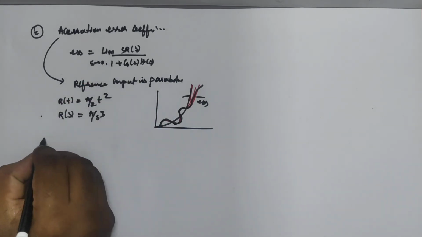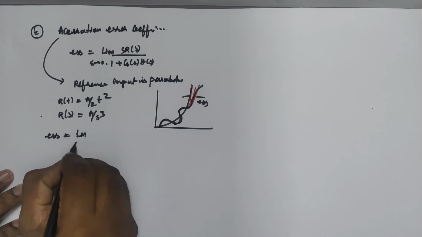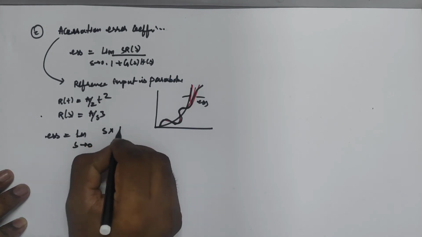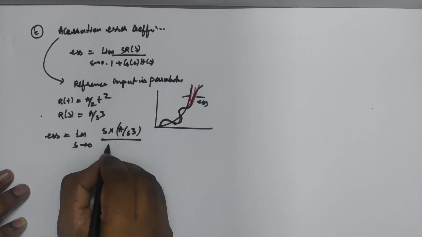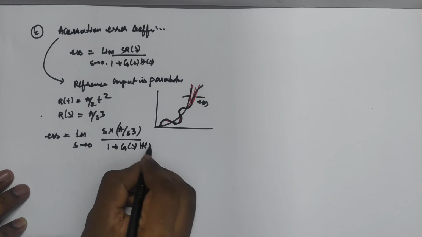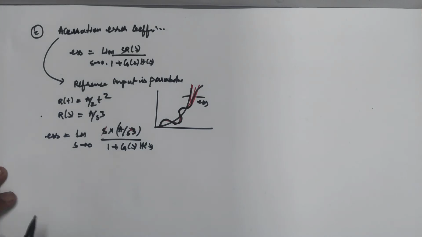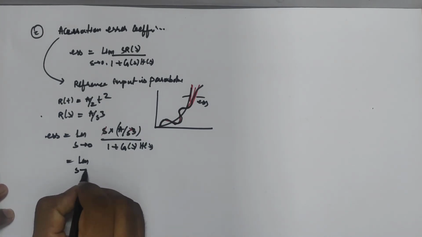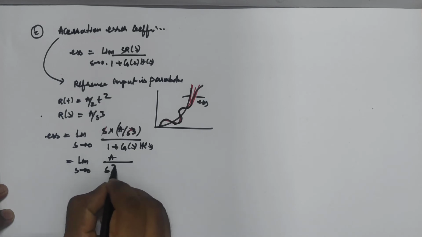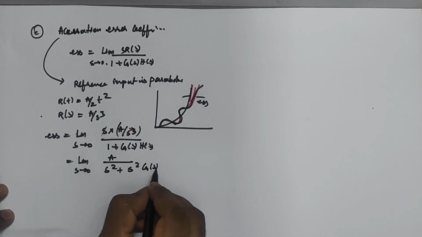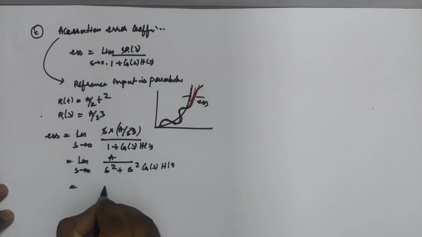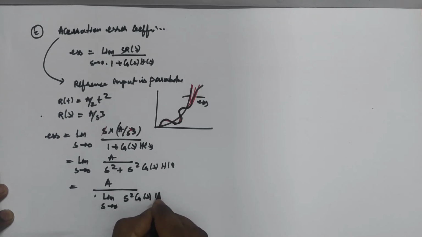Substituting this here, we have limit s tends to 0 of s into A by s cube by 1 plus G(s)H(s). After simplifying, one term will cancel and we have A by s square plus s square into G(s)H(s). Now substituting s tends to 0, the first term becomes 0, so we have directly A by limit s tends to 0 of s square G(s)H(s).